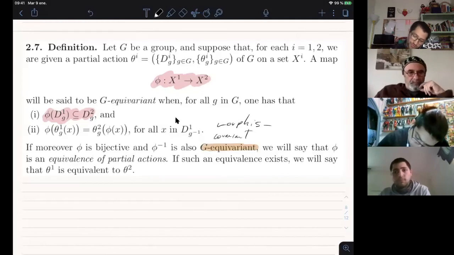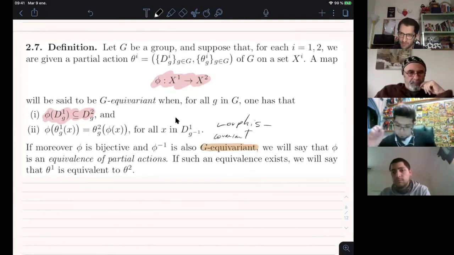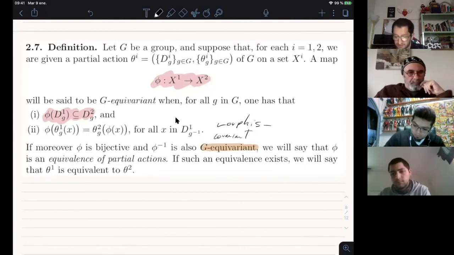But for two partial actions to be equivalent, we need that the function must be bijective, and the inverse function must also satisfy these two conditions. It's not guaranteed at all that the inverse must satisfy these conditions.